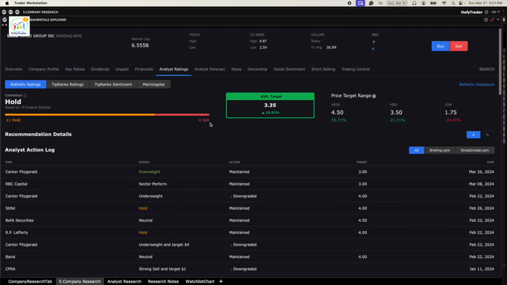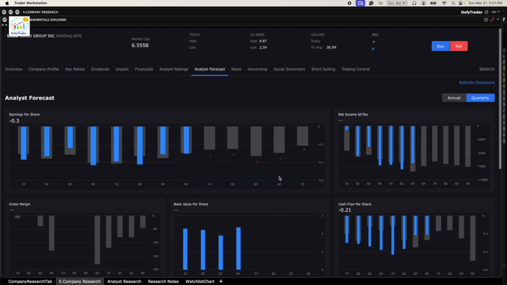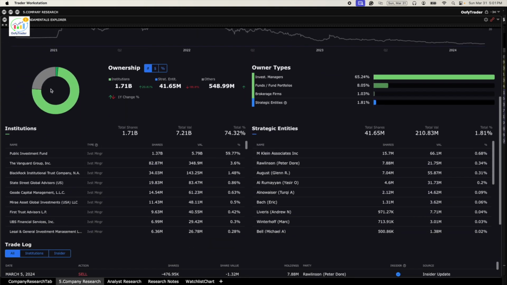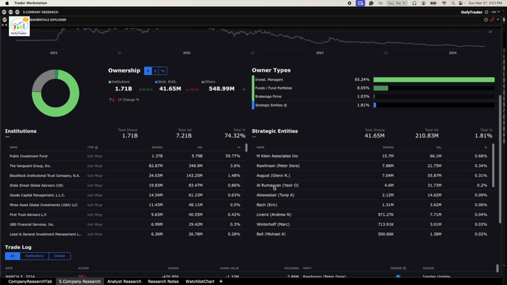And then the analyst forecast I also take a look at. More than that, the ownership is the other one I look at here. Here we can find out institutional ownership. This institutional ownership gives a clear understanding of who is selling, who is buying, and what is the ratio.